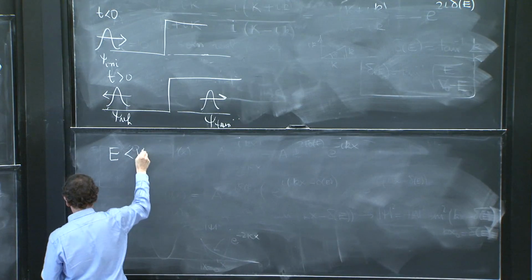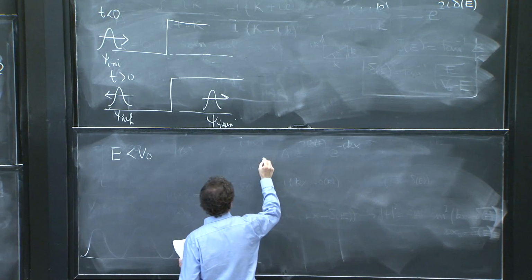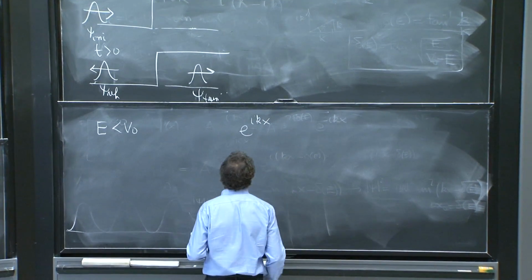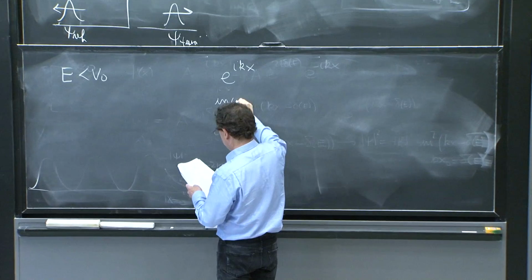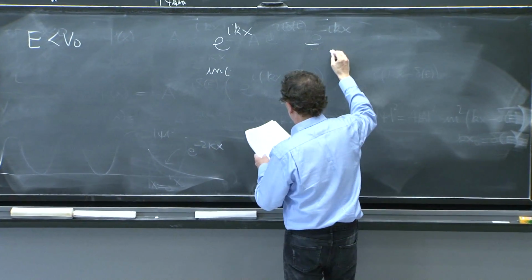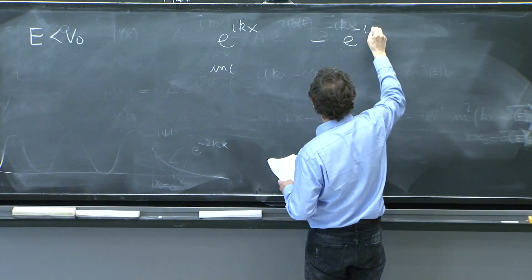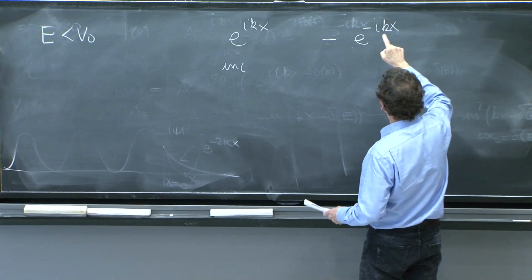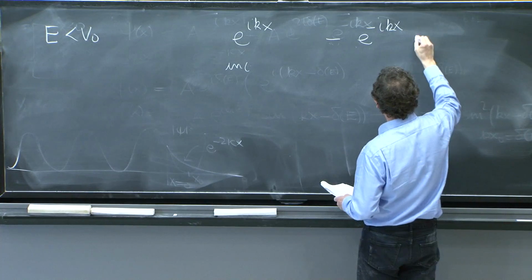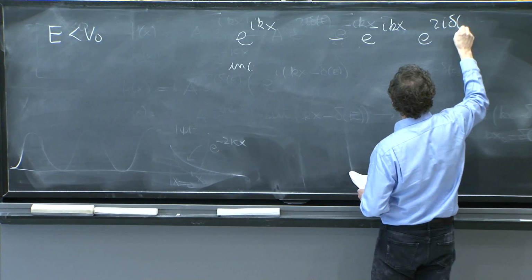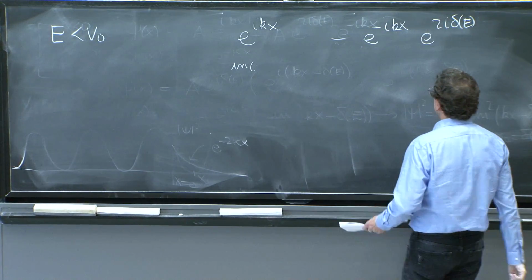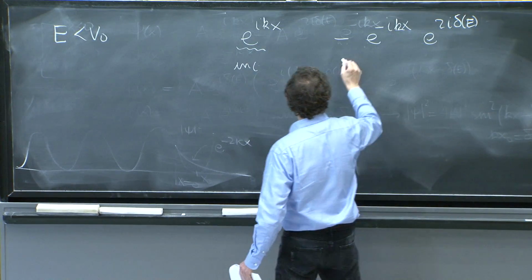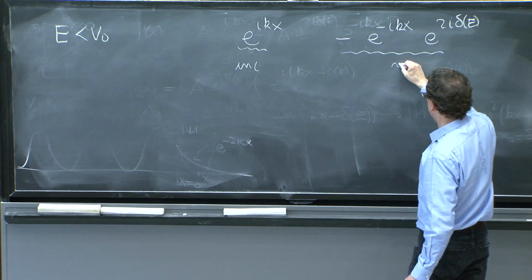E less than V naught. So you have an incident wave e to the i kx, and a reflected wave e to the minus i kx, remember, minus the other phase, and e to the 2i delta of E. So this is the incident wave, and this is the reflected wave.